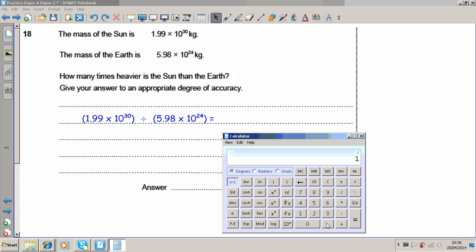So it's 1.99 EXP times 10 to the power of 30. Close the bracket, and then we're going to divide that by 5.98 EXP 24, and then you get your answer there.